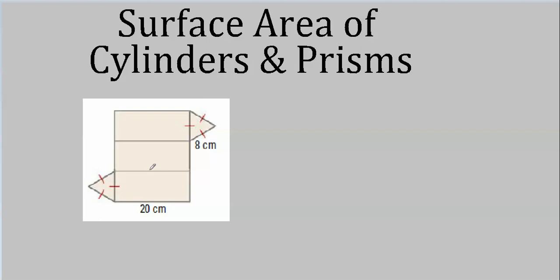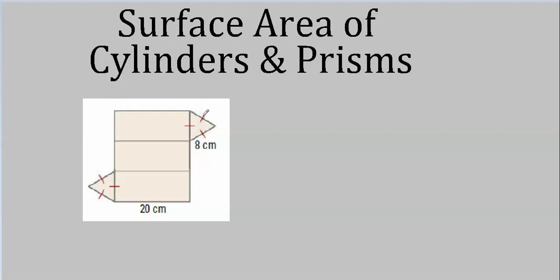After all, if we start folding these up, these 2 are going to be the ends. We have 3 rectangles here. For a triangular prism, that's exactly what we need, isn't it? We have a triangle at this end.